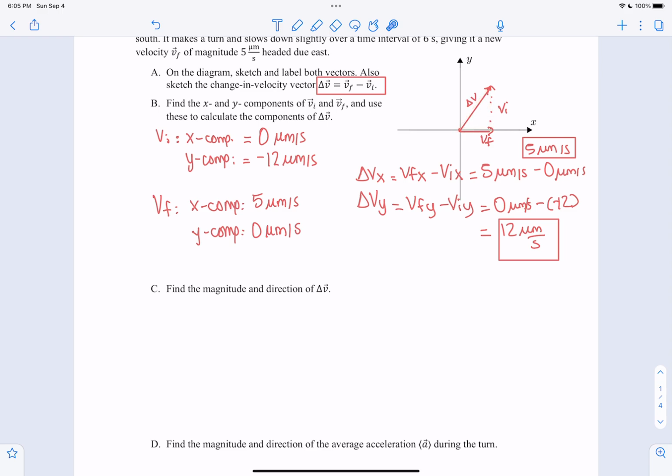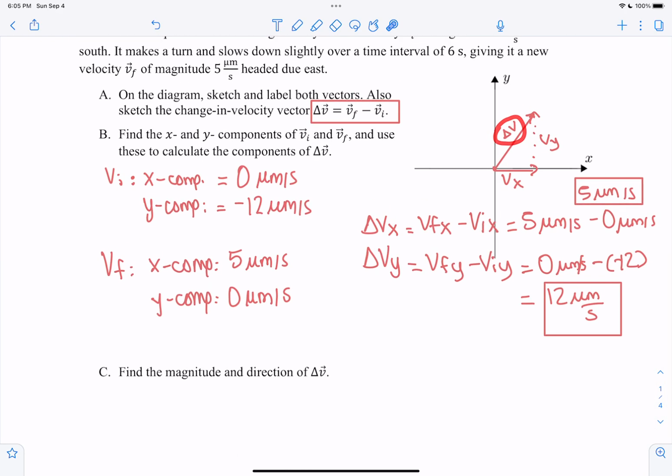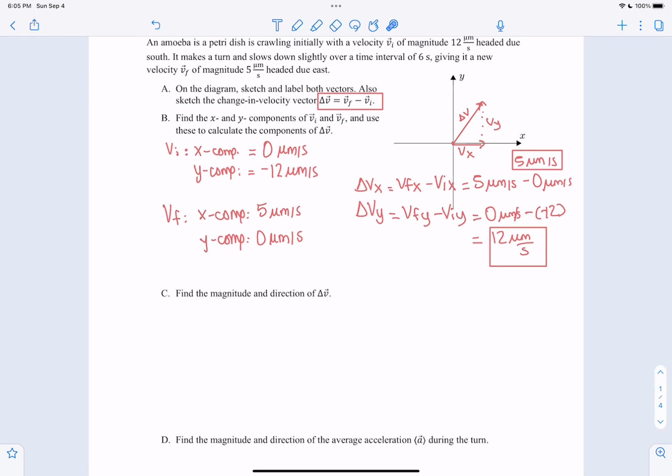Because we have Vx and Vy, right? So let's change this up a little bit to say Vx and Vy, and then we have delta V. If we have those two values and we need to figure out delta V, how can we do that?